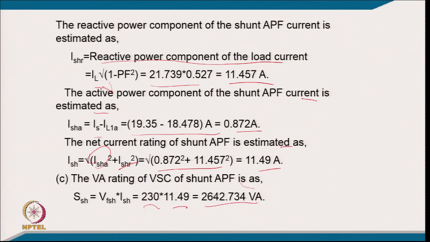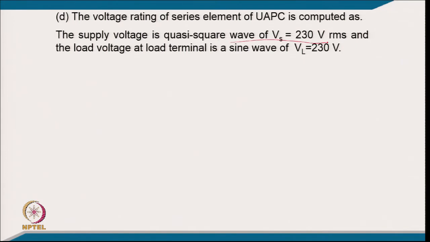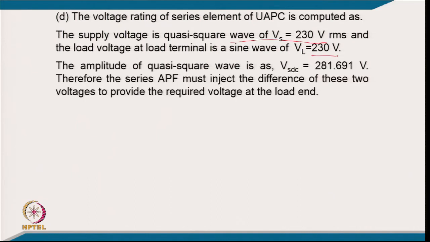it comes 2642.734 VA. The voltage rating of the series element is computed as follows: the supply voltage of the quasi square wave is 230 volt, and the load voltage at the load terminal is a sine wave of 230 volt. So, the amplitude of the quasi square wave is typically 281.693. Therefore, the series element must inject the difference between these two voltages to provide the required voltage at the load end.